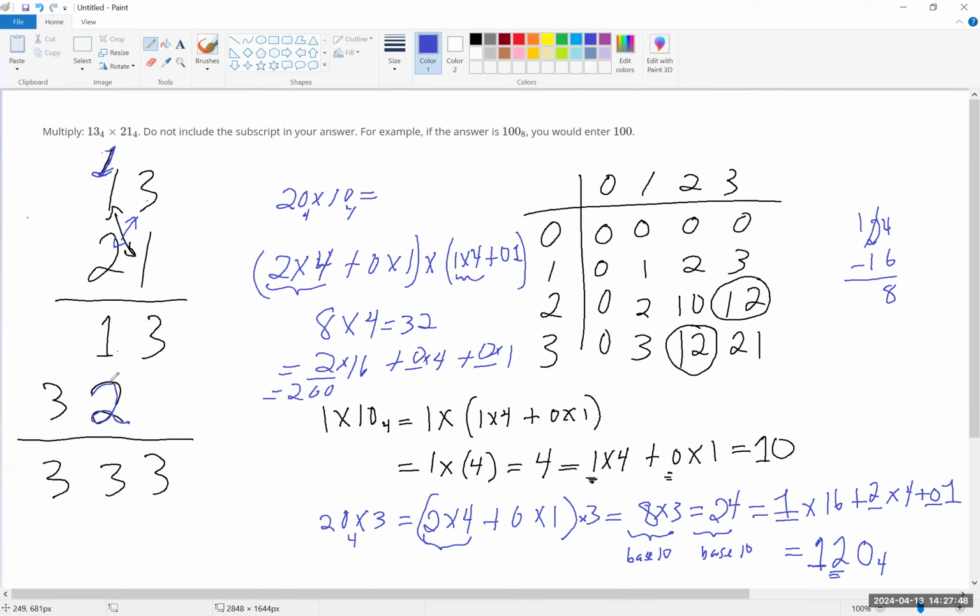So 2 times 1 is 2, 0, 0. But I have to add this 1 plus 1, 0, 0.